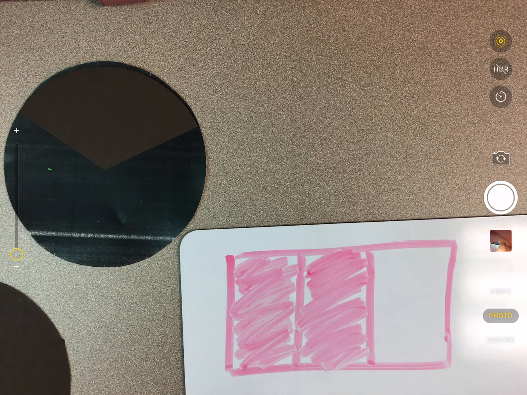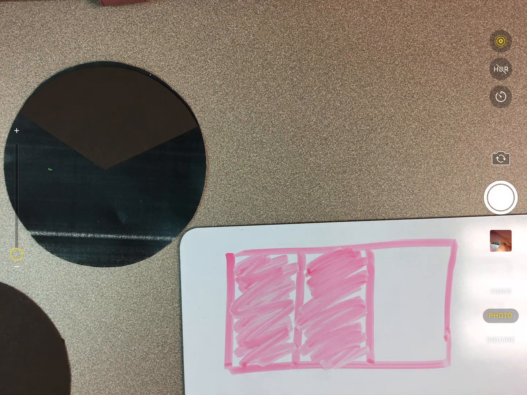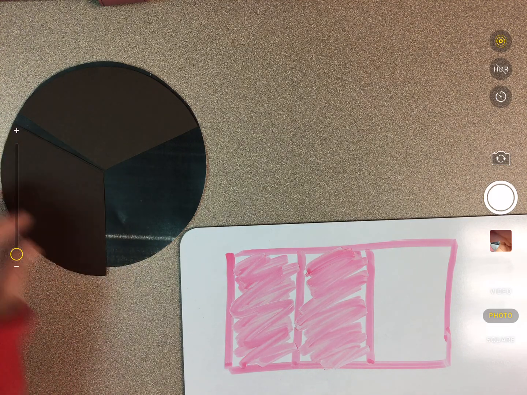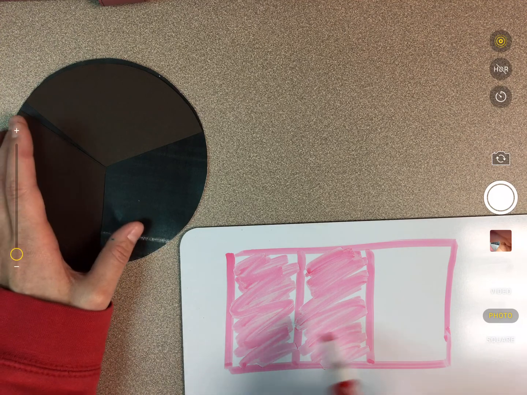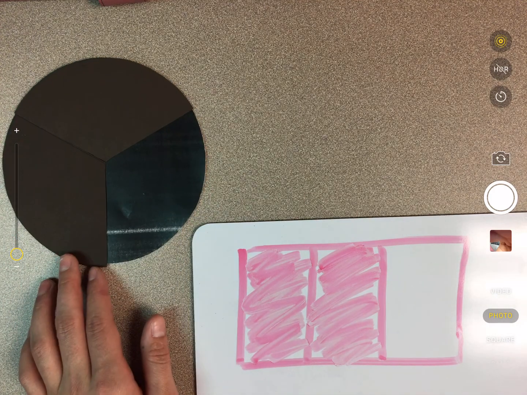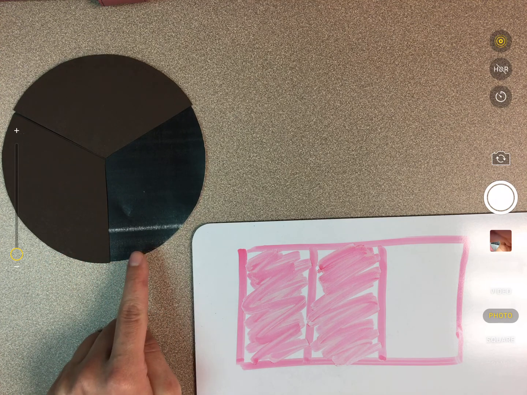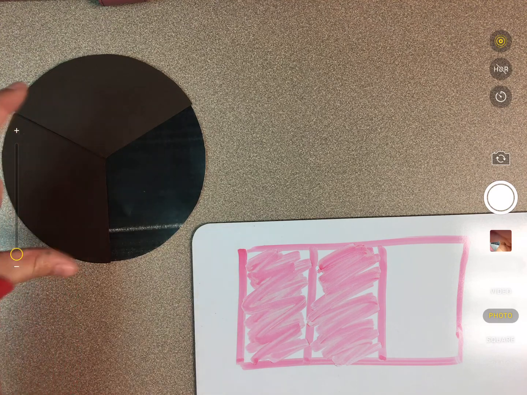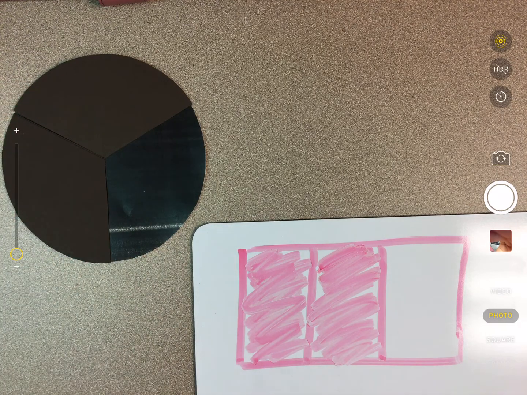What fraction of this shape is shaded? Did you say 2/3? You're exactly right, because 2 of my 3 boxes are shaded, and to show 2/3 on my black circle, I would need another brown piece because this is 1/3 and this is 1/3, and together it makes 2/3 of my black circle.